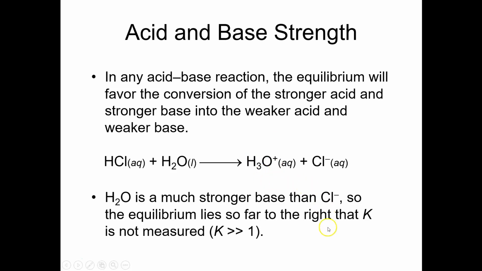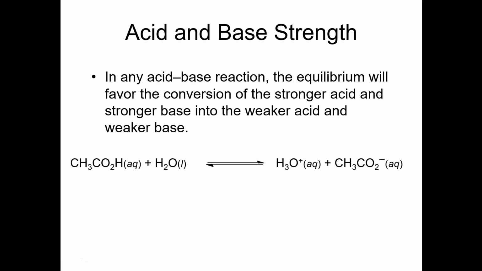So let's now take this and use an example that may be just a little bit less clear, and that would be the reaction of acetic acid with water. Using this rule, in any acid-base reaction, the equilibrium will favor the conversion of the stronger acid and the stronger base into the weaker acid and the weaker base.